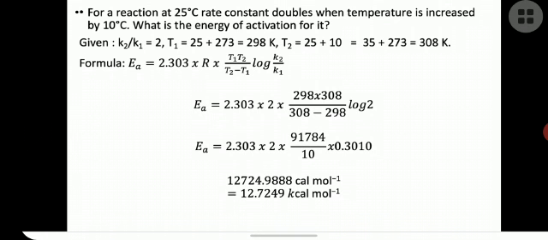And finally, we get the final calculation in terms of calories per mole as 12724.9888 calories per mole. Again, we have to convert this value into kilocalories by dividing it by 1000. It becomes 12.7249 kilocalories per mole.